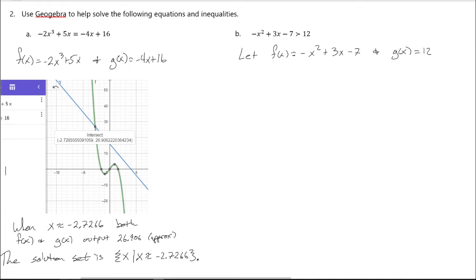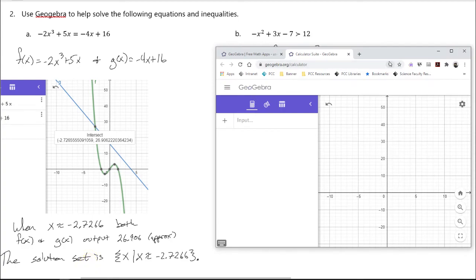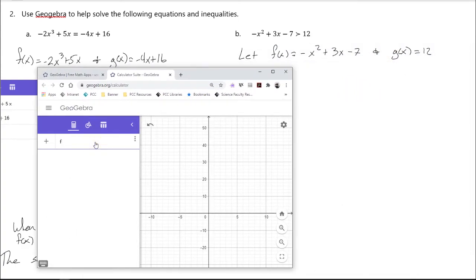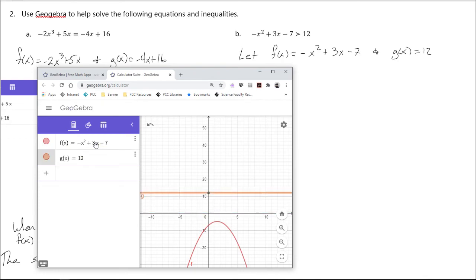Now we'll go ahead and plug those in. F of x equals negative x to the second plus 3x minus 7, and then g of x just equals the constant horizontal line of 12.